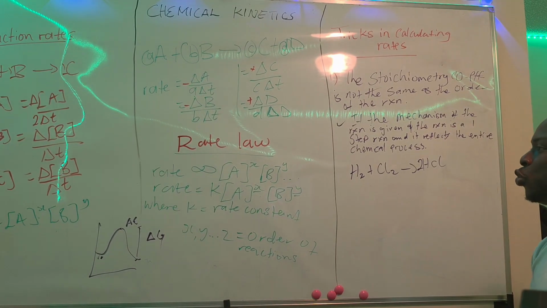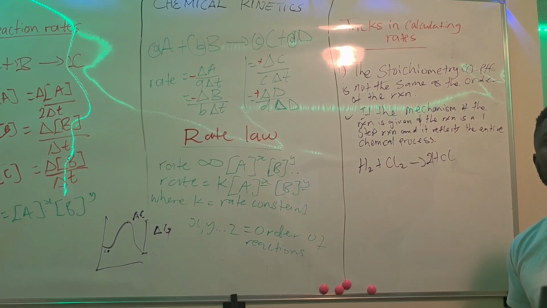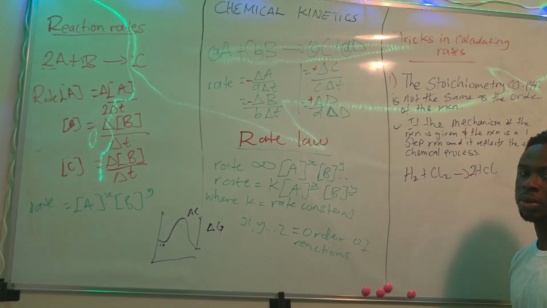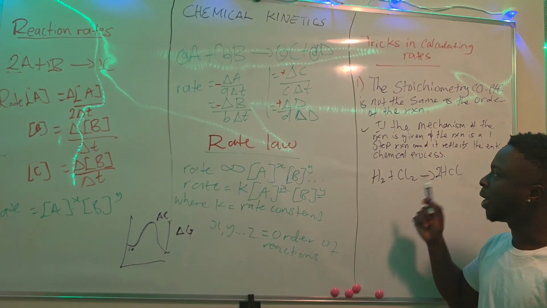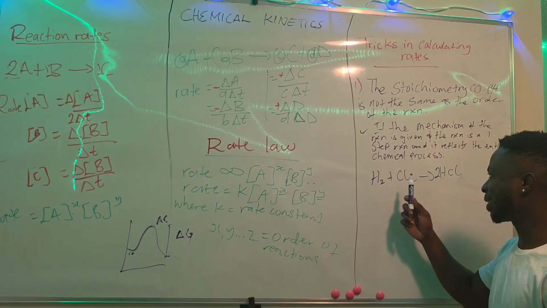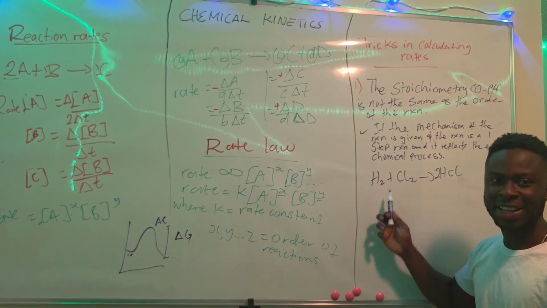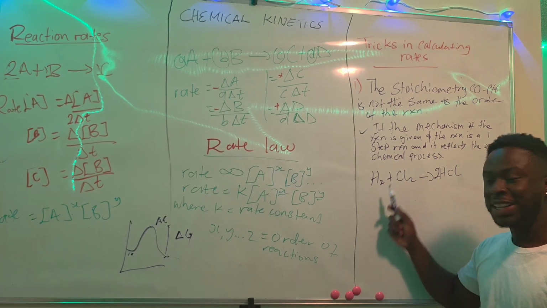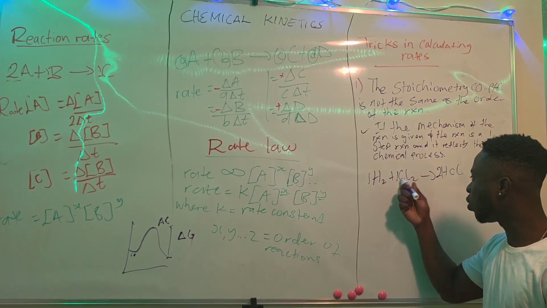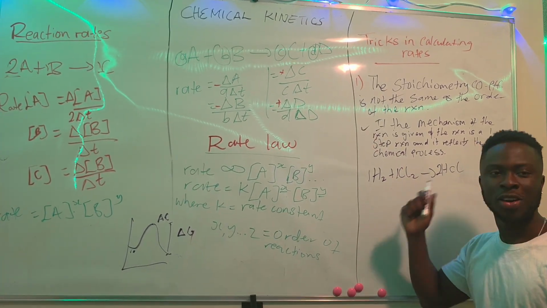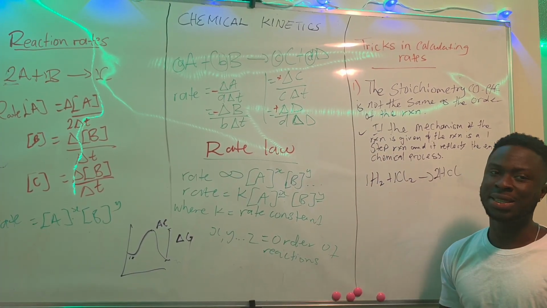Now, if I told you to determine the rate law expression, and I tell you to determine the rate of this reaction, and this is a one-step reaction, and this equation reflects the entire chemical process of this specific reaction, then you could go ahead and tell me that the one over here and the one over here are the orders of the reaction. But if I did not specify these specific conditions, it does not.